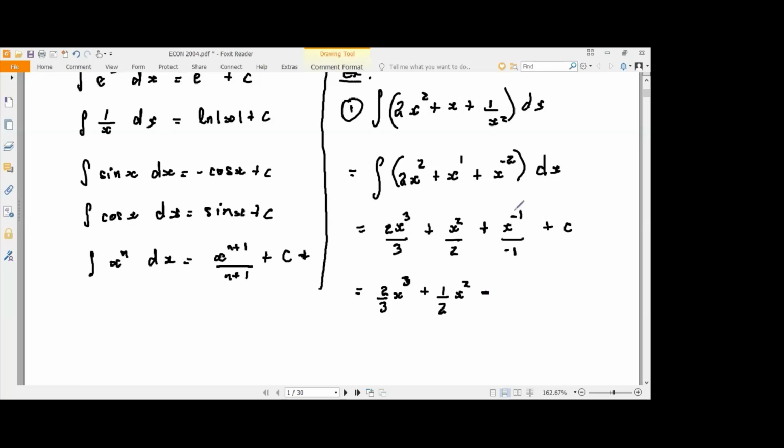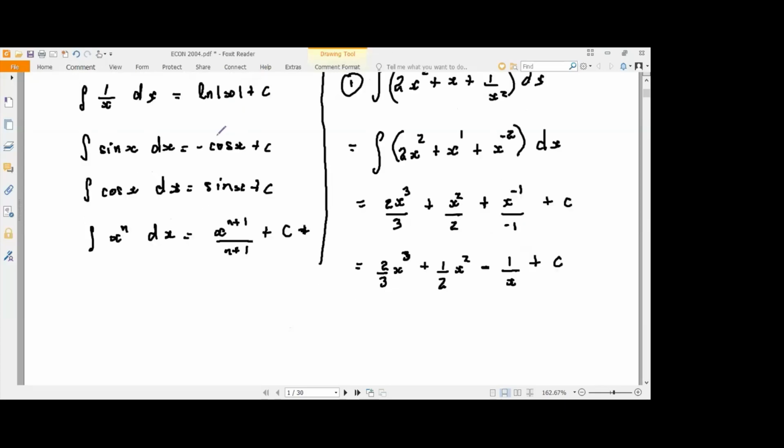This is over 1, so it just gives you x to the minus 1. When we have something with a negative power, we can write it as 1 over the term raised to the positive power. So what I'll have now is negative 1 over x plus c. That is the most basic form of integration you could get. You're simply applying the power rule: raise the power by 1 and divide by the new power. That's just a starter for what we're going to be doing for the day.